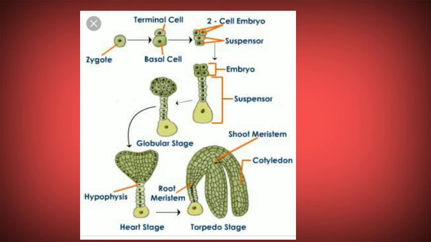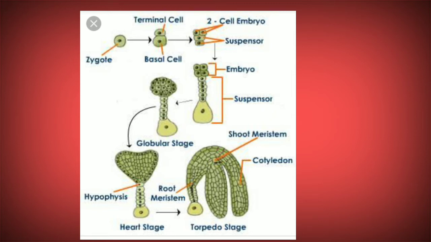In that way, the pro-embryo again divides by both periclinal and anticlinal division to form at first an 8-cell structure, then a 16-cell structure. But the suspensor cells do not undergo any more cell division, and the last cell of the suspensor becomes swollen in size and later forms the haustoria of the embryo.